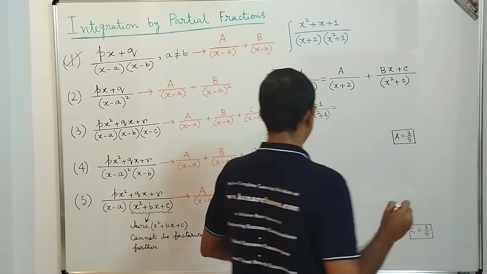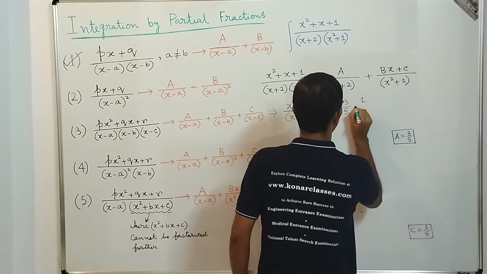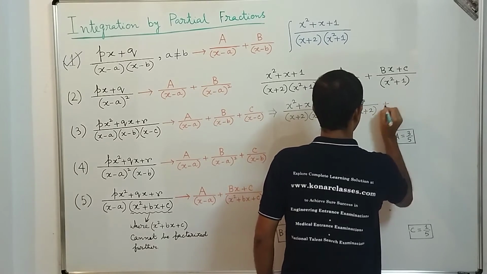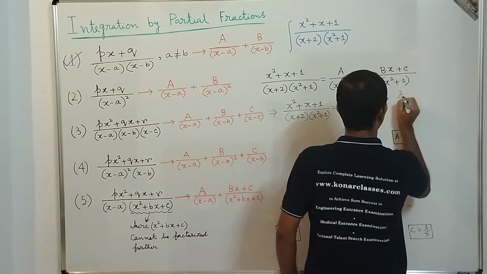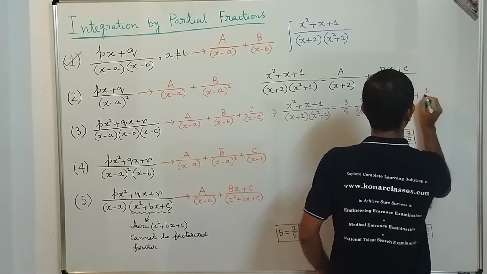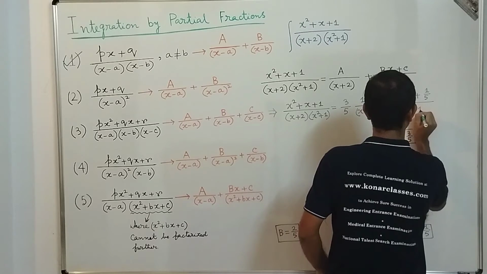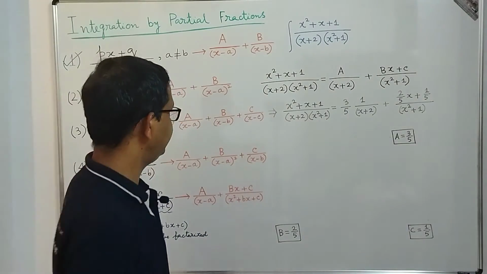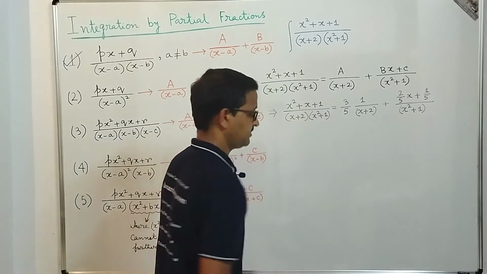What is the value of a? a is equal to 3 by 5, so 3 by 5 into 1 by x plus 2, plus bx. b is equal to 2 by 5, so 2 by 5 into x, plus c. c is equal to 1 by 5, divided by x square plus 1. Correct? So now we can clean this portion as we already applied the values of a, b and c, and let's proceed further.